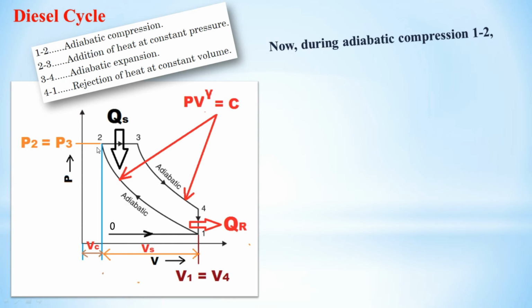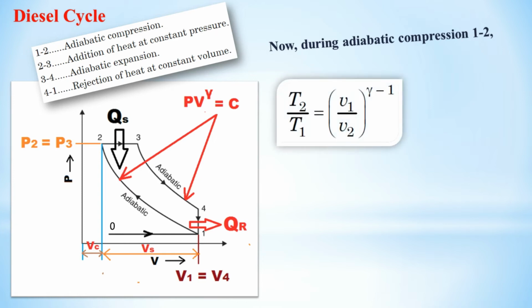Now process 1 to 2 and process 3 to 4 are adiabatic processes, and we know they follow PV raised to gamma equals constant, and all the relationships between pressure and temperature, pressure and volume. So the relationship between temperature and volume for process 1 to 2: T2 by T1 equals V1 by V2 raised to gamma minus 1.